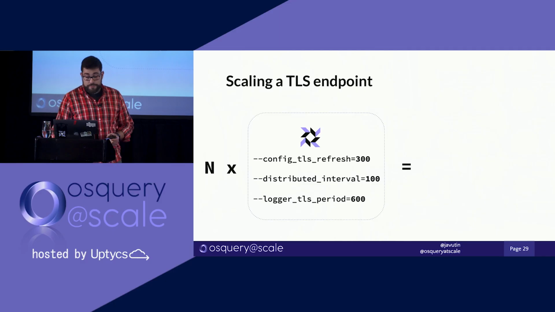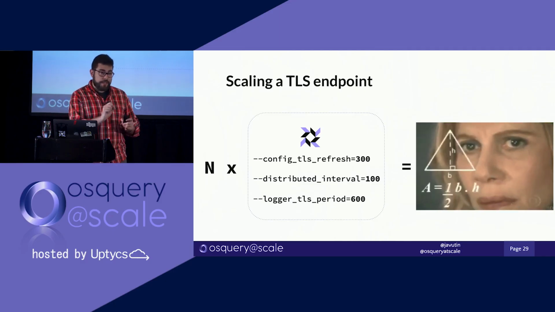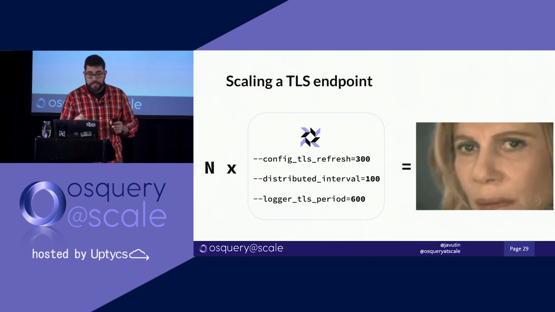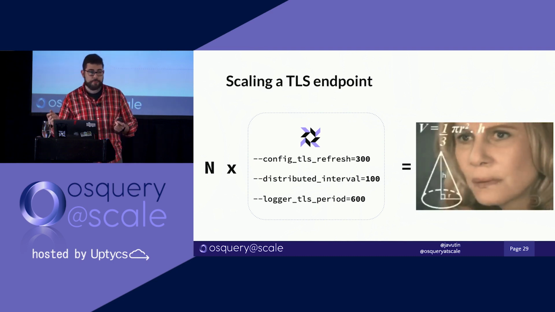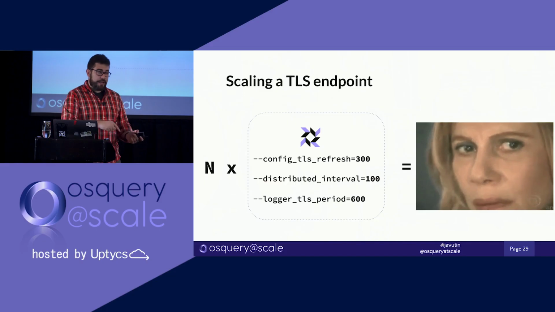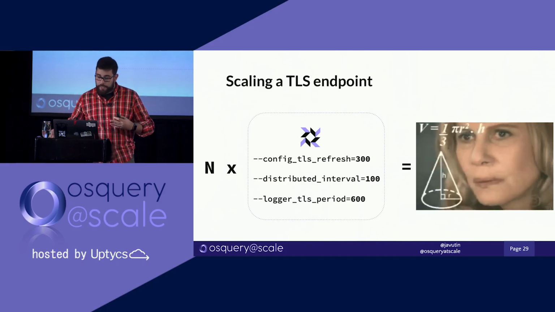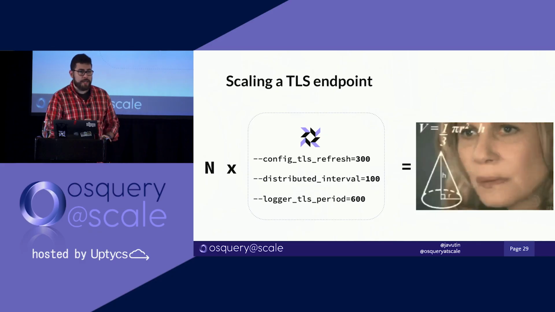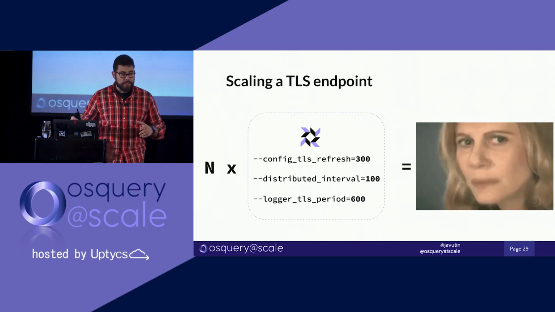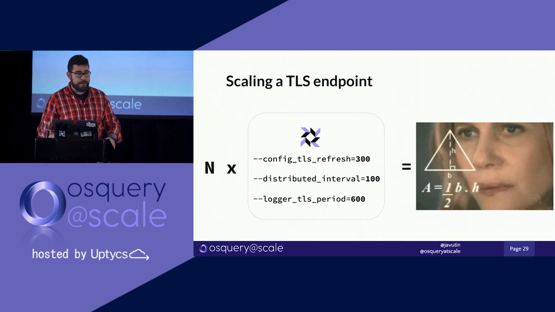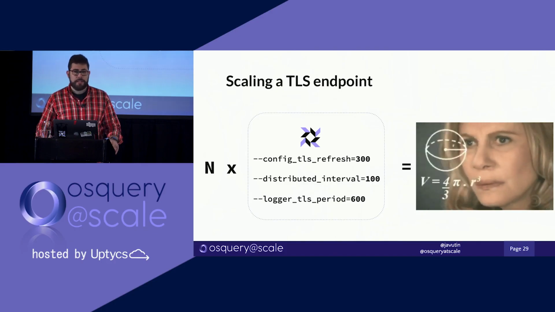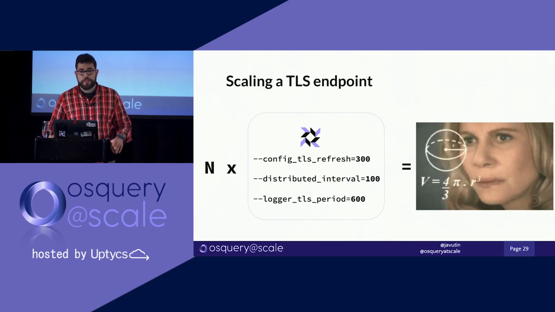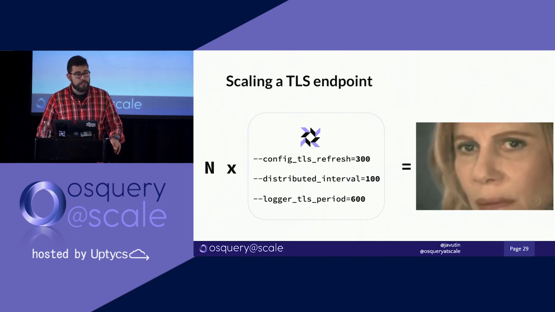Then you start making the calculations, and very soon you realize that it is not as easy as just 3 requests per minute, because I have a number of nodes, and some intervals that are higher, and these are not splayed, so they're all going to come at once. So you have to start thinking about how many requests you're going to get per minute, per second, because you need to be able to answer those questions when you're putting together production infrastructure.